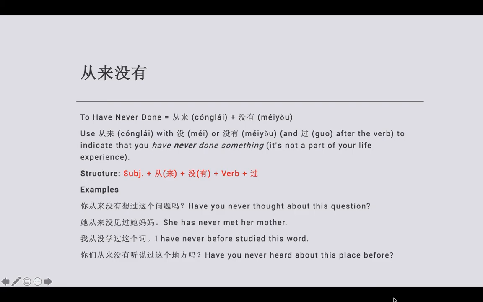Have you never thought about this question before? 他从来没见过他妈妈 She has never met her mother. 我从没学过这个词 I have never studied this word before. 你们从来没有听说过这个地方吗 Have you never heard about this place before?